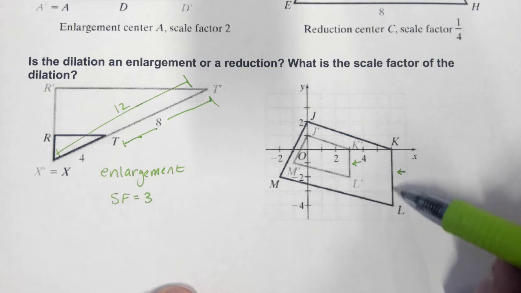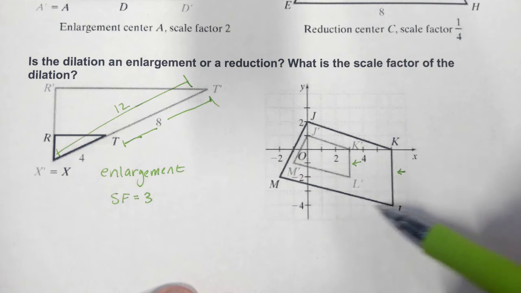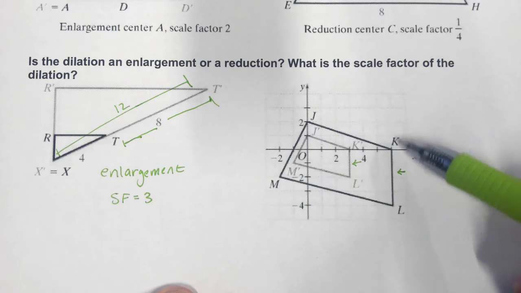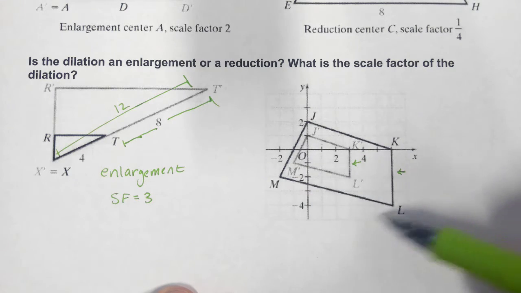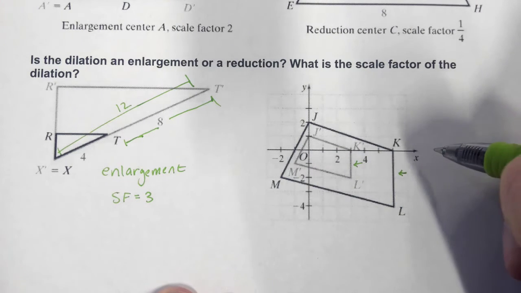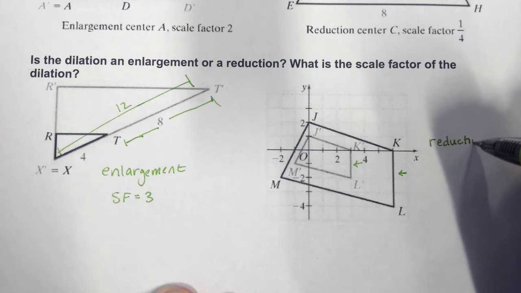Notice those ones are straight up and down, so you can just count. Is this an enlargement or a reduction? This is the original because there are no apostrophes. This is the new one since there are. The original one is bigger. It got smaller, so it's a reduction.